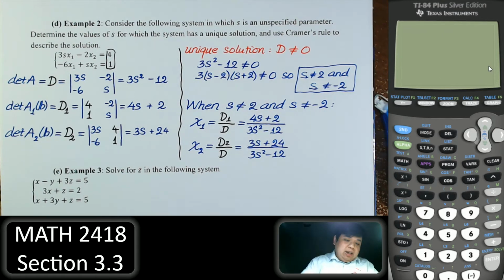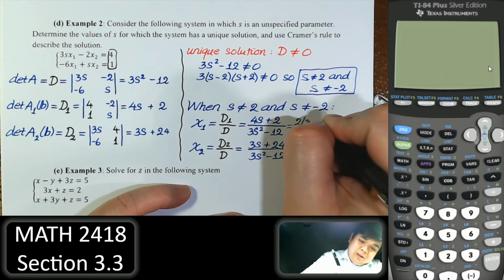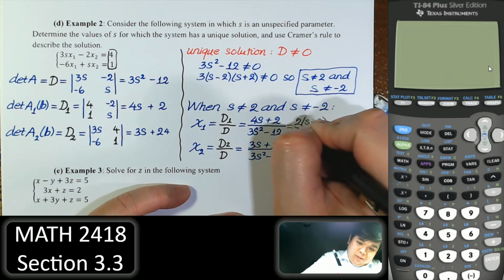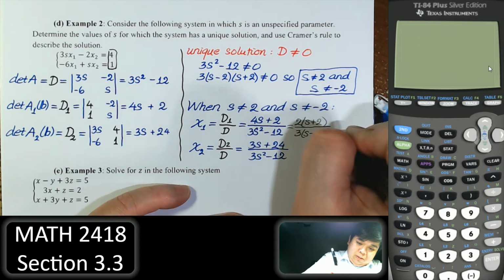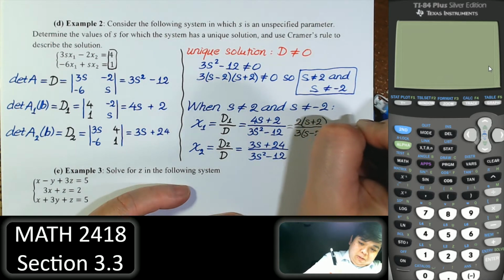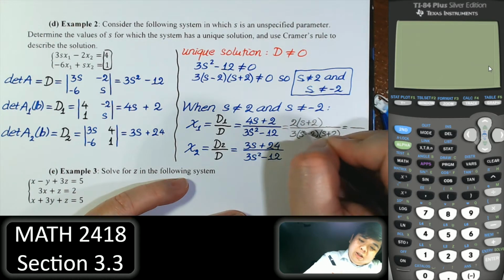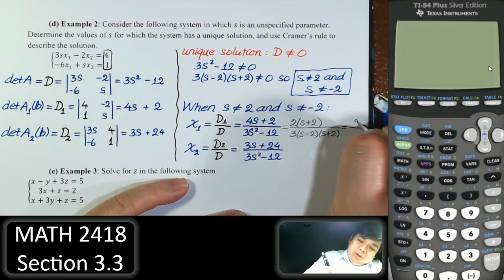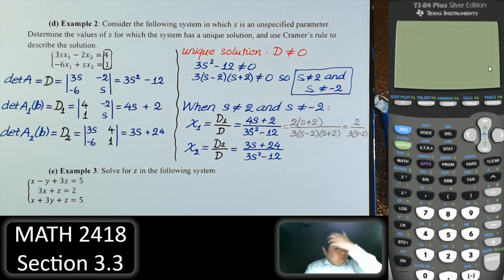Once again, we could also write the solution as would reduce to 2 over 3(s minus 2). Right.